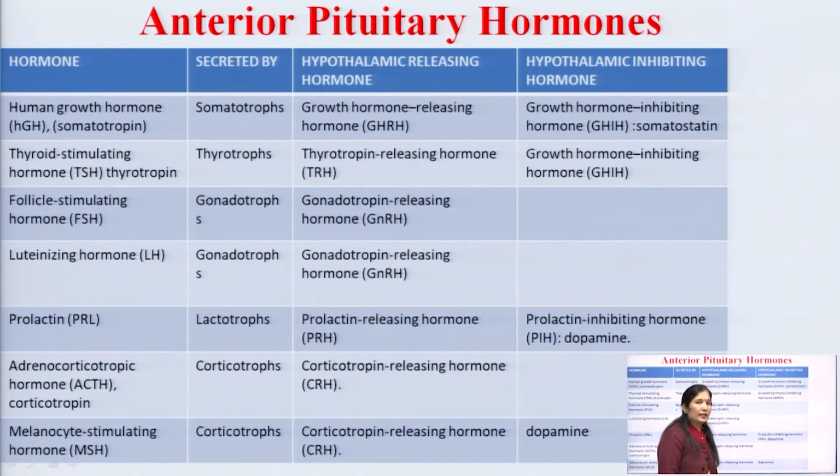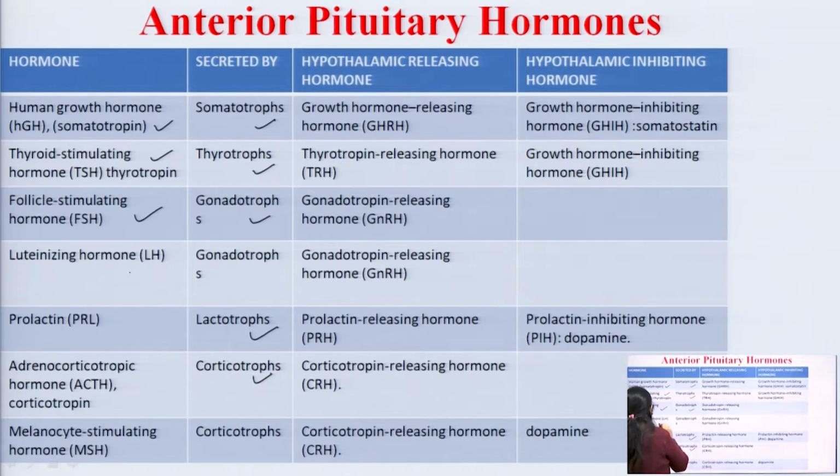Now, this is the classification. In the anterior pituitary there are 5 types of cells: somatotrophs, thyrotrophs, gonadotrophs, lactotrophs and corticotrophs. These 5 types of cells synthesize and secrete 7 hormones: human growth hormone, thyroid stimulating hormone, follicle stimulating hormone, luteinizing hormone, prolactin, ACTH, that is adrenocorticotropic hormone, and melanocyte stimulating hormone.